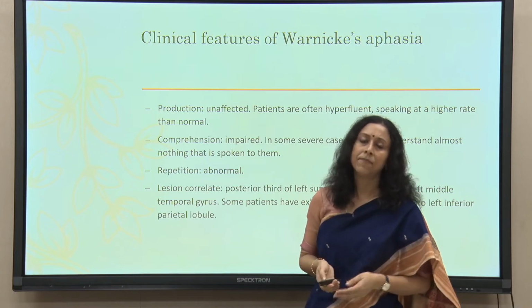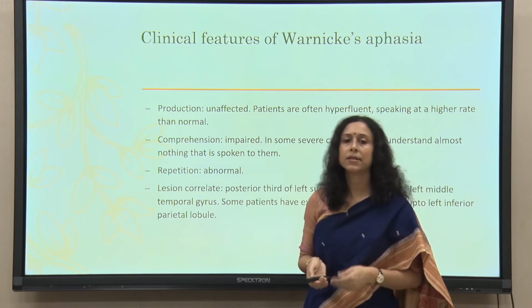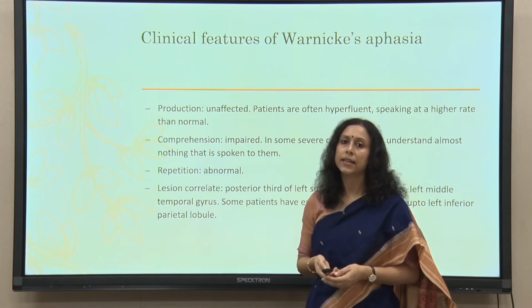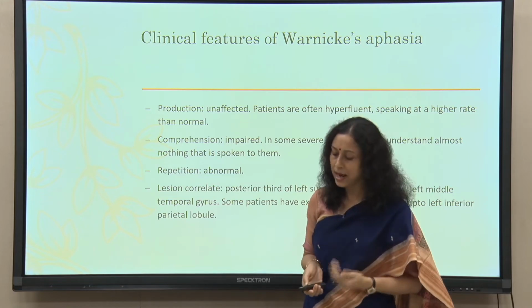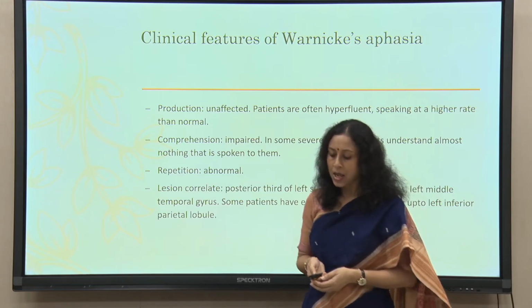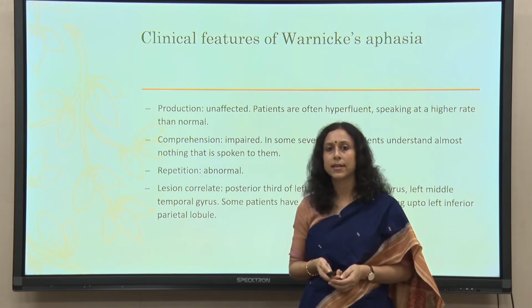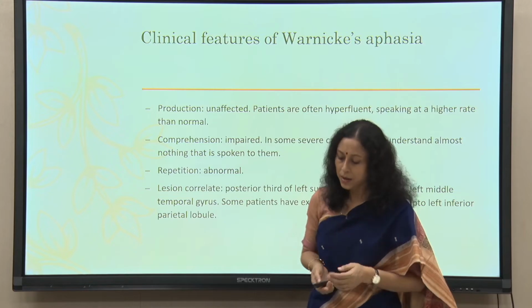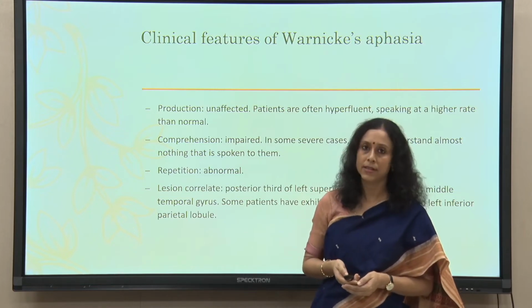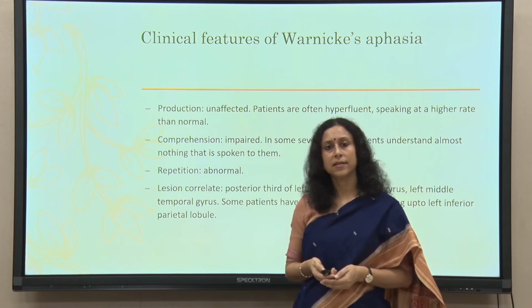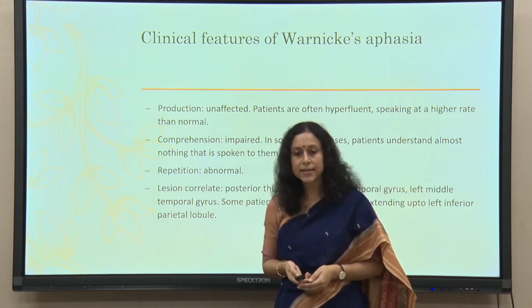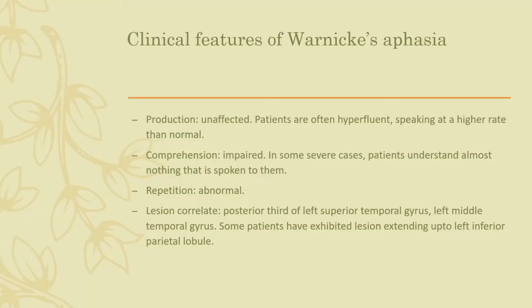Patients are hyperfluent very often, because they have a speech rate which is higher than normal. However, the major problem with Wernicke's aphasia is comprehension, which is severely impaired in this kind of aphasia. And in some severe cases, patients understand almost nothing that is spoken to them.